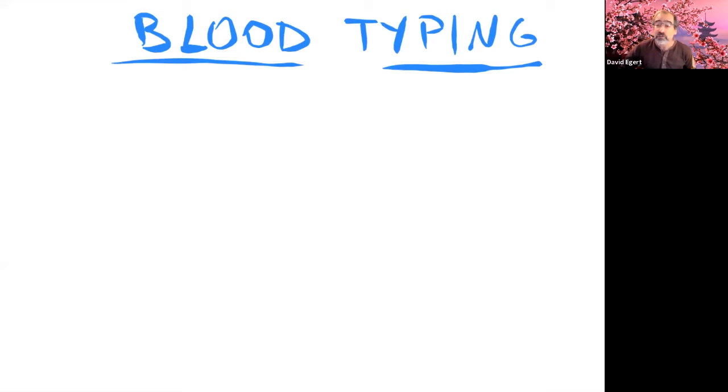It's something I'm sure you're all already reading about all the time with all this COVID and vaccine stuff: the idea of antibodies. In order for blood typing, blood type and transfusion reactions and all that to make sense, you have to understand what antibodies are. So we're going to first introduce antibodies.